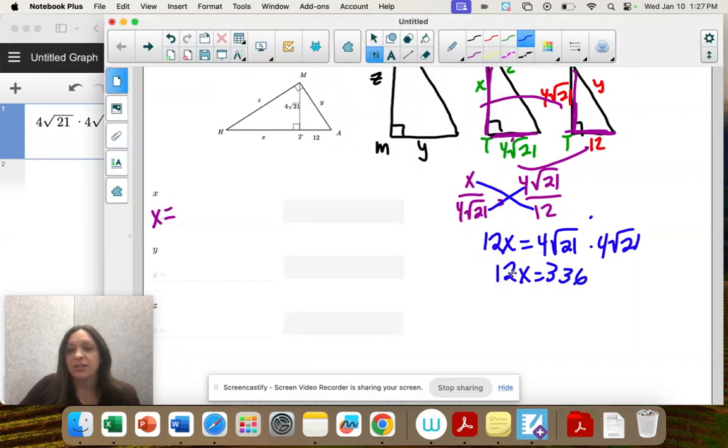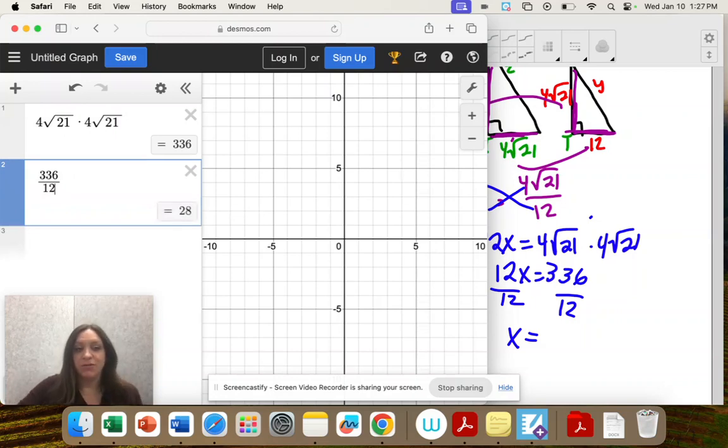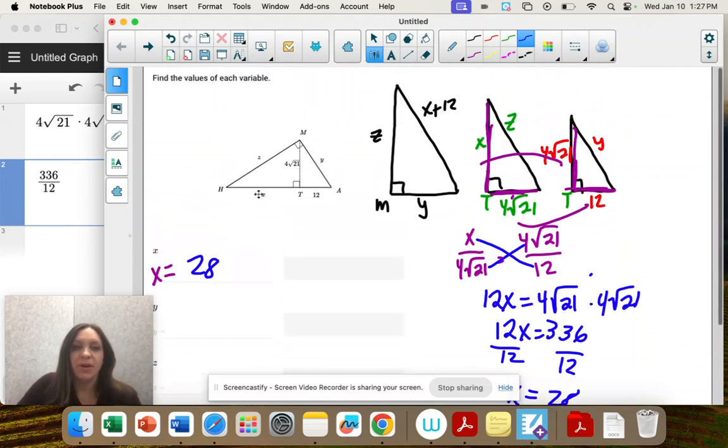Now to get x by itself, we're going to divide both sides by 12. So x equals 336 divided by 12, which is 28. So x is 28. So everywhere we have an x, we're going to get 28.